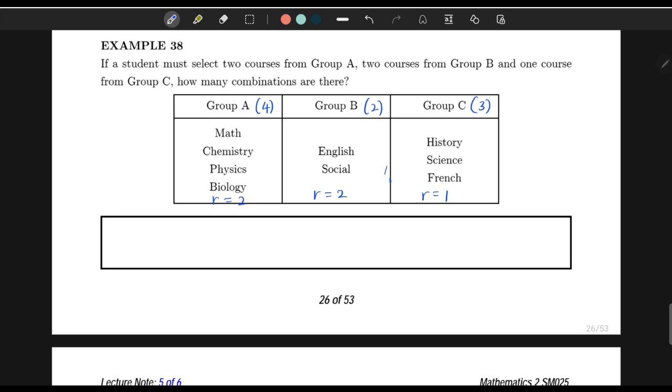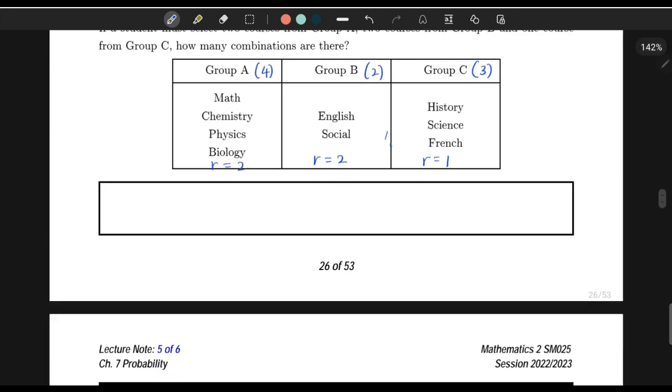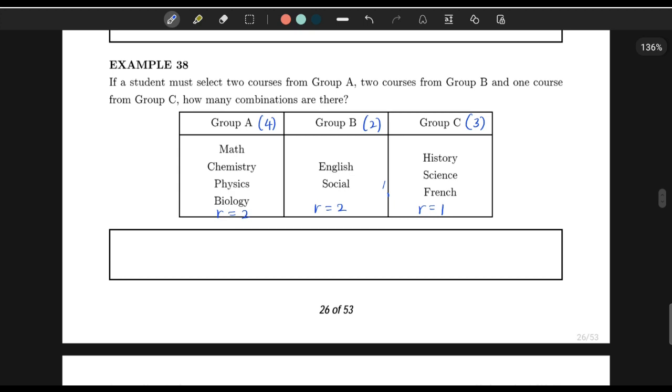So, by using the solution, how many combinations are there?